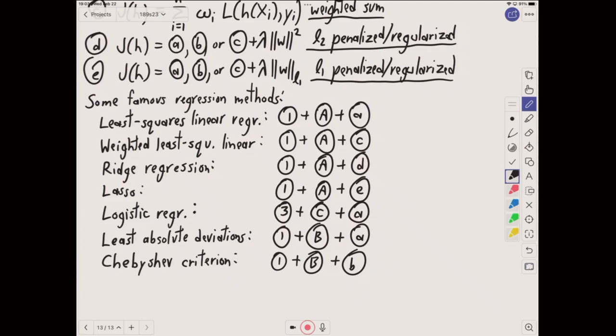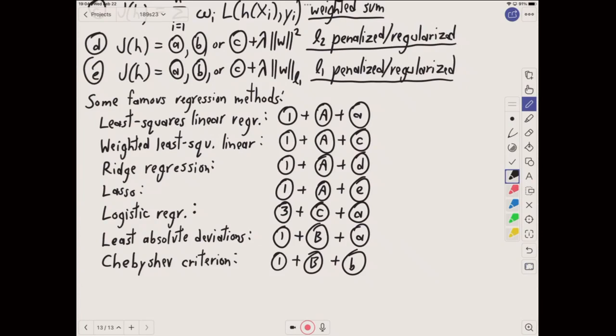Part of what's interesting about making these choices is that depending on what you pick from the menu, you could have a very easy or a very difficult optimization problem. Some of these are a lot easier to solve than others, and the ones that are hard to solve often have special purpose algorithms designed just to solve that optimization problem.